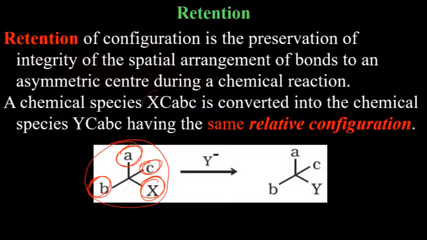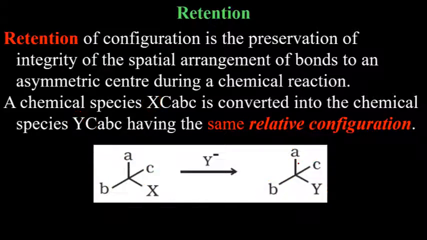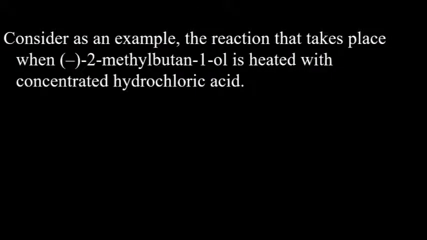But what happened is that X was replaced by Y. So now this carbon has Y, A, B, C in the same order. XCABC, YCABC. It indicates that the structures are the same. Structures have not changed. Just X has been replaced by Y.